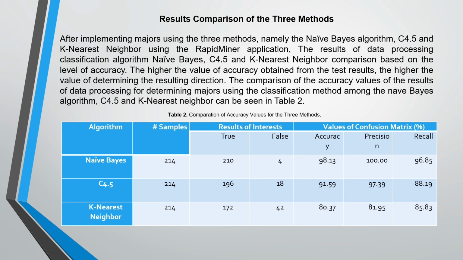The higher the value, the better the resulting determination of majors. The comparison of the accuracy value of the result of data processing for determining majors using the classification method among the Naive Bayes algorithm, C4.5, and the K-Nearest Neighbor can be seen in Table 2.